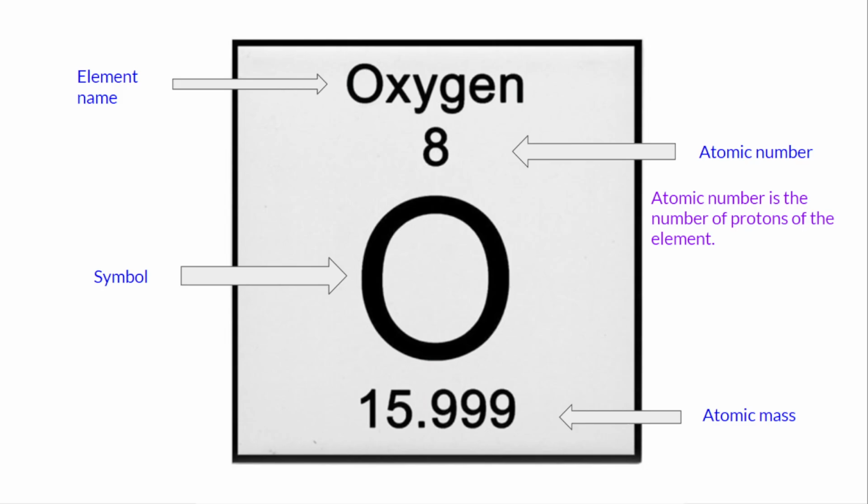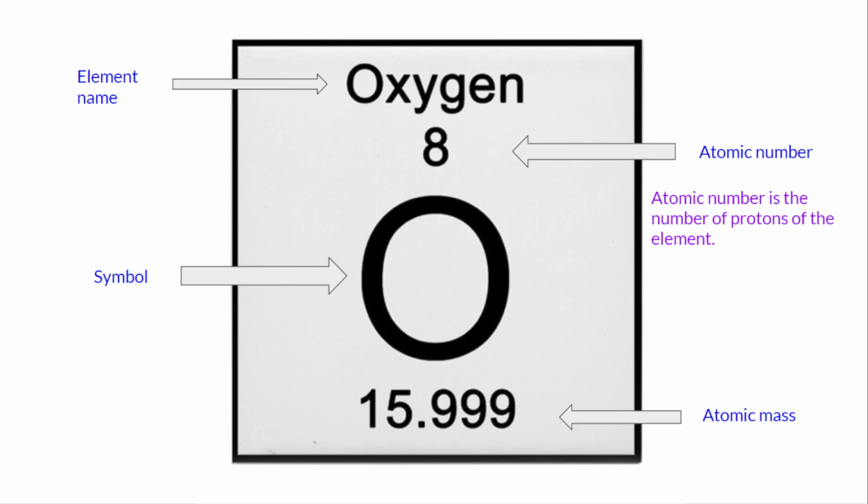Okay, so no two elements will have the same amount of protons. So for example, oxygen will always have 8 protons, or the atomic number will always be 8. And nitrogen will always be 7. Carbon will always be 6. So different atomic numbers mean they have different numbers of protons.